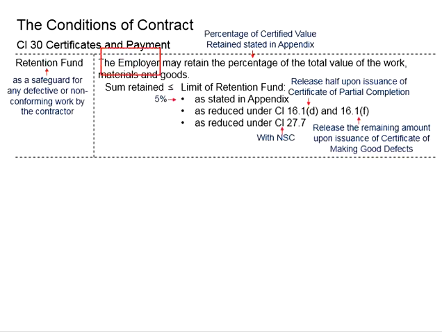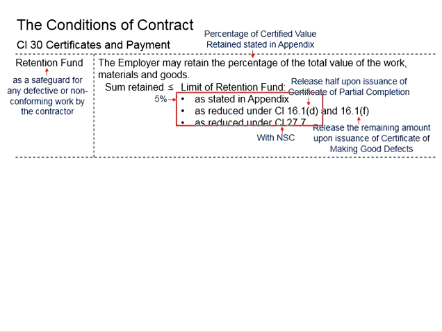Now, the employer may retain a percentage of the total of the works, materials and goods, and this percentage is normally specified in the appendix, which is typically 5% of the work done at that particular instant, and the amount to be retained shall not be greater than the limits of the retention fund.